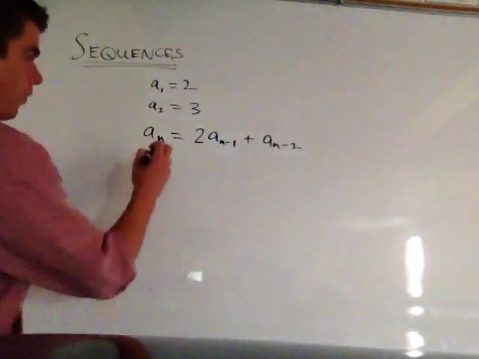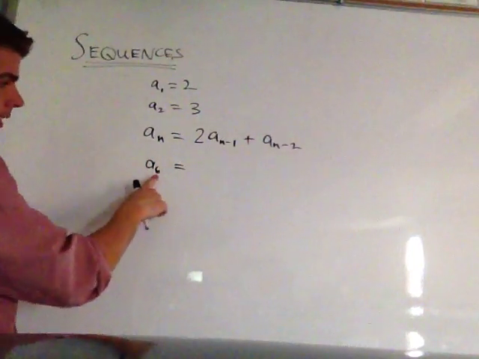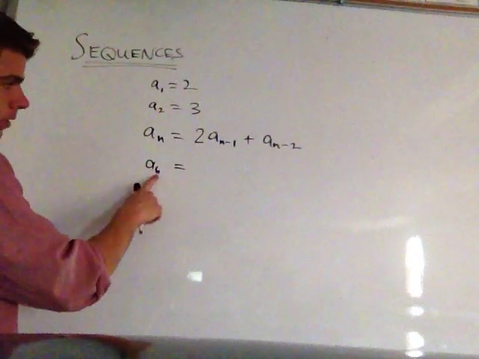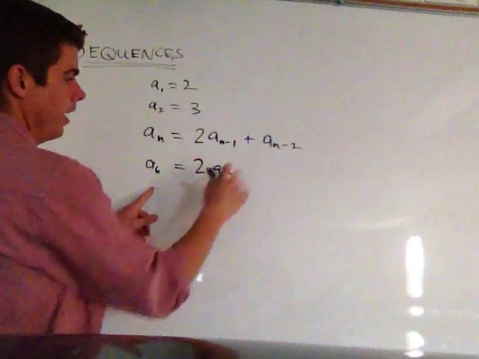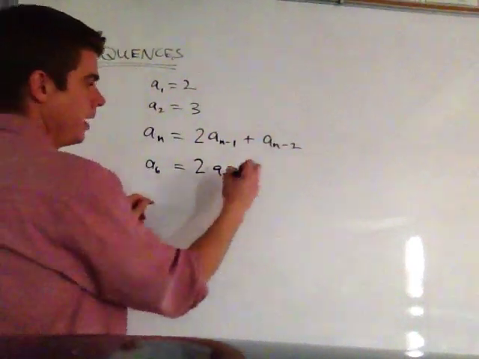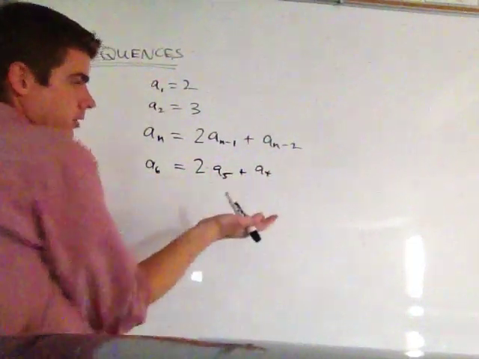So if I'm looking for a sub 6, the 6th term in the sequence, it would be equal to 2 times a sub 5, the 5th term, that's what 6 minus 1 is, plus a sub 4, because 6 minus 2 is 4.